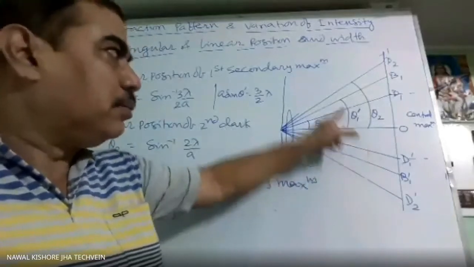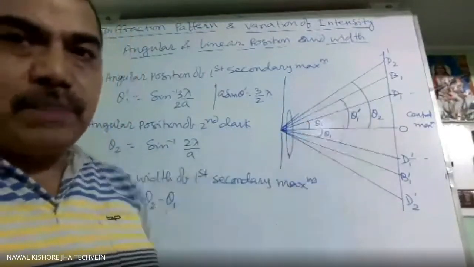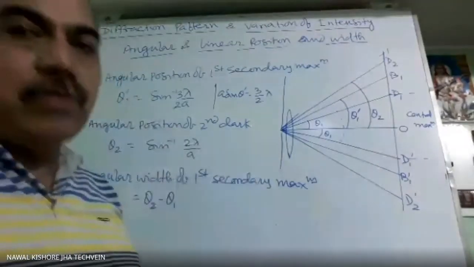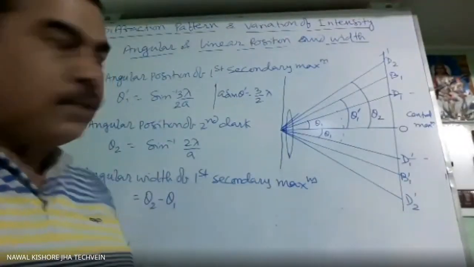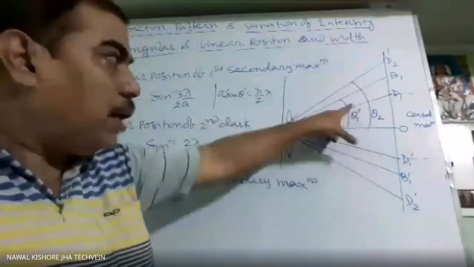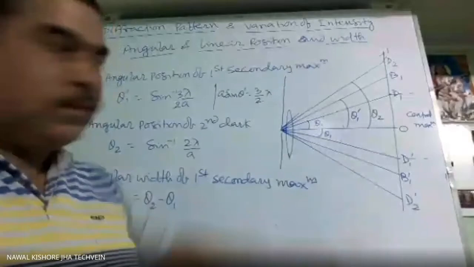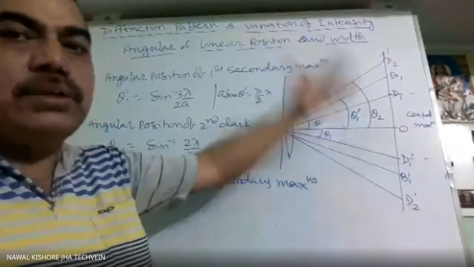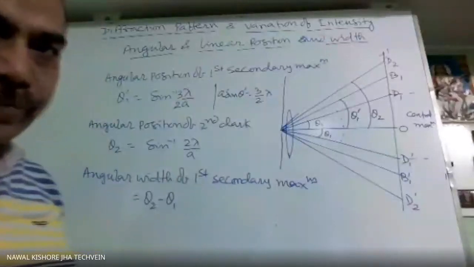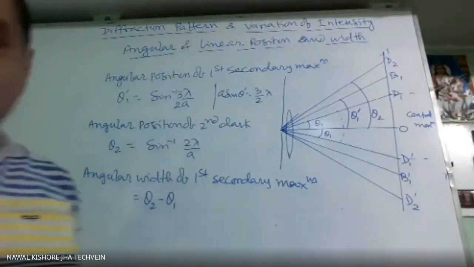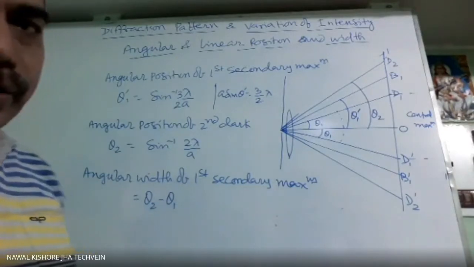Angular position of second dark on both sides: indirectly you are asked to find twice theta 2. This is theta 2 on this side, similarly theta 2 on this side. So twice theta 2 you have to find. This is angular. Now we'll see linear.